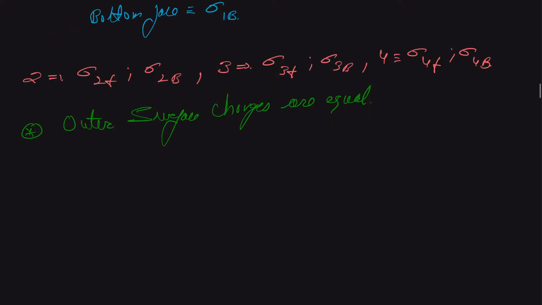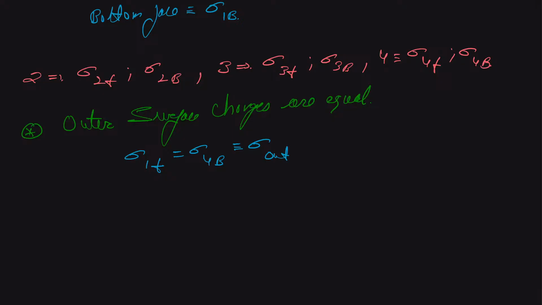Based on this, we can write that our sigma 1 top will be equal to sigma 4 bottom. Okay, and let us call this our sigma out. Okay, and this outer basically means the outermost.